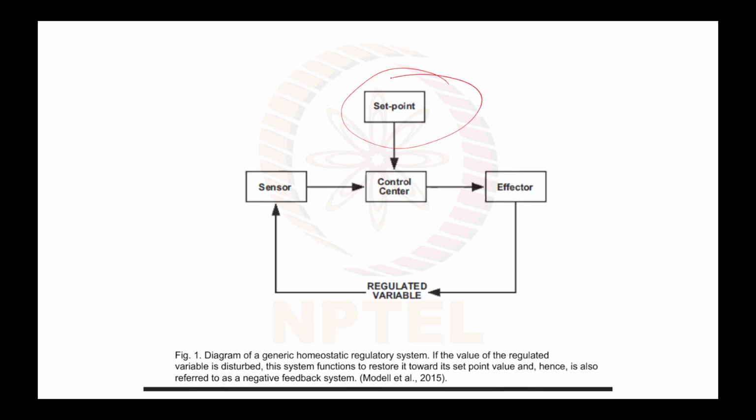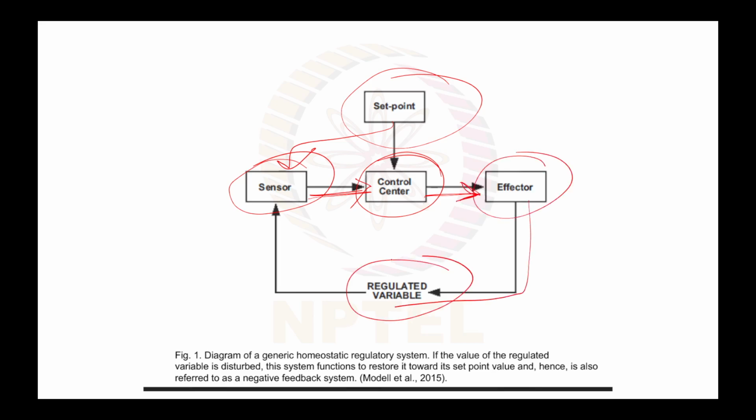The set point senses the imbalance in a stable condition in our body, and it gives a signal to the control center. That control center will release certain chemicals that will work on the effector, and then that variable is regulated, and the sensor again senses the balanced regulation.